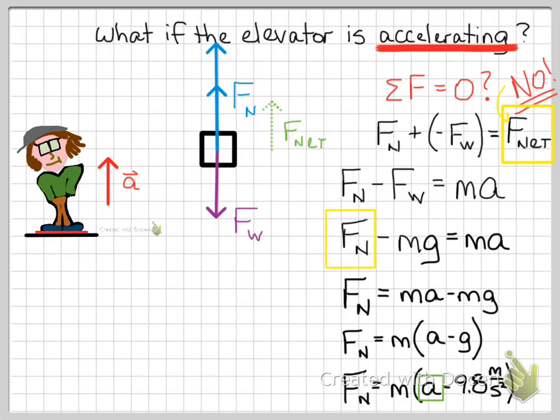If the acceleration is positive, meaning that he's going upwards, I'm going to get some value for the normal force that is larger than it would be if a were 0. And if the acceleration is negative, then the normal force in the scale reading would be smaller than you would expect. And this is consistent with your physical experience.